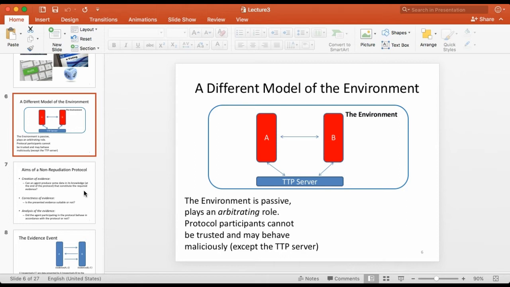But in this case, we just want to highlight that the model of the environment is different in this class of protocols. Here the environment is not one which is observing and attempting to interfere in the way that the protocol is run, but is more of a passive or arbitrating sort of environment.